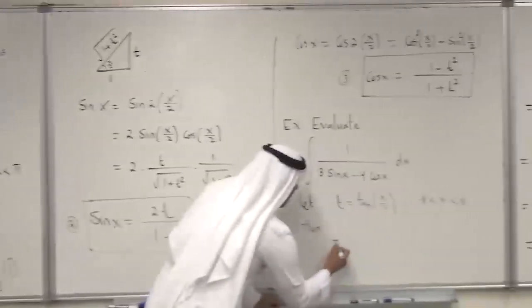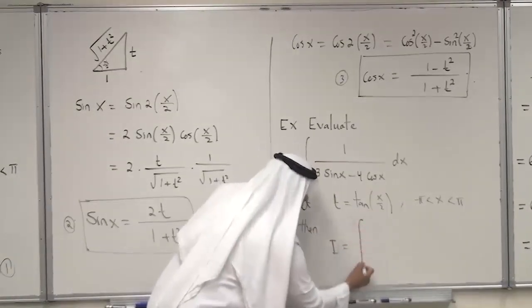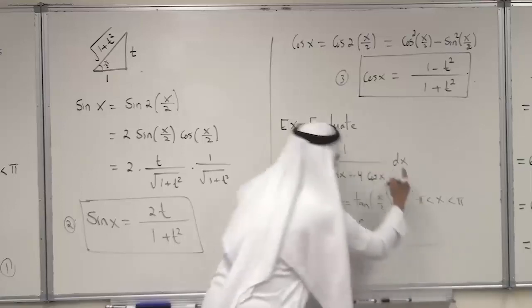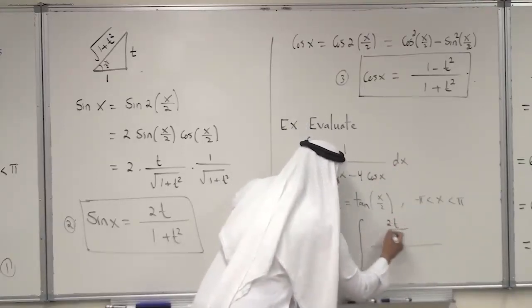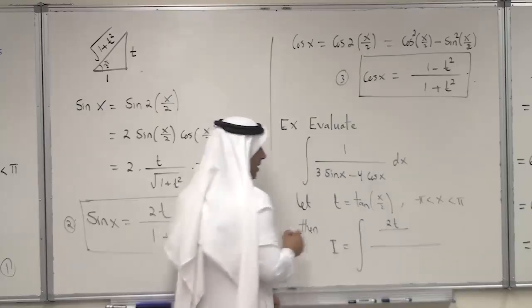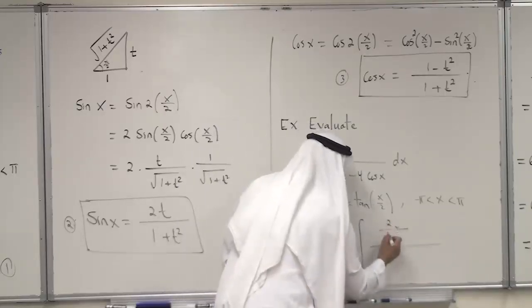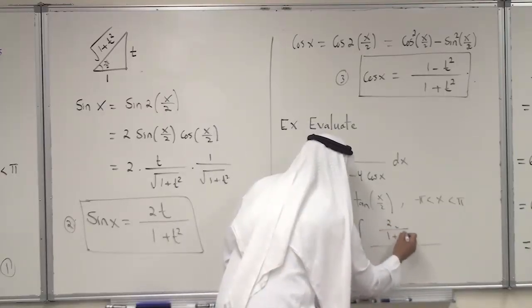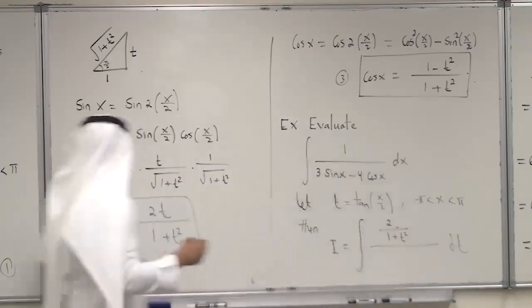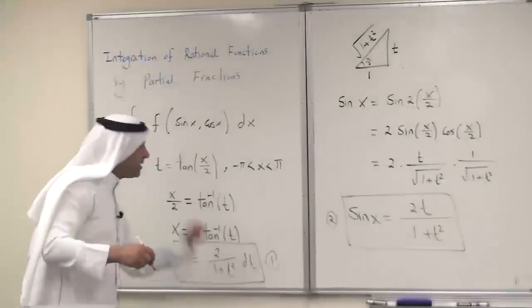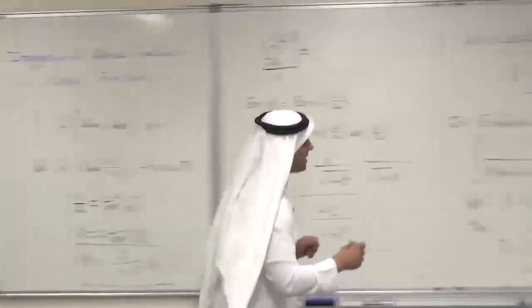Then the integral I will be equal to the integral of, look, what is dx? It is 2 over 1 plus t squared dt. This is dx. Now what about the sine function here?